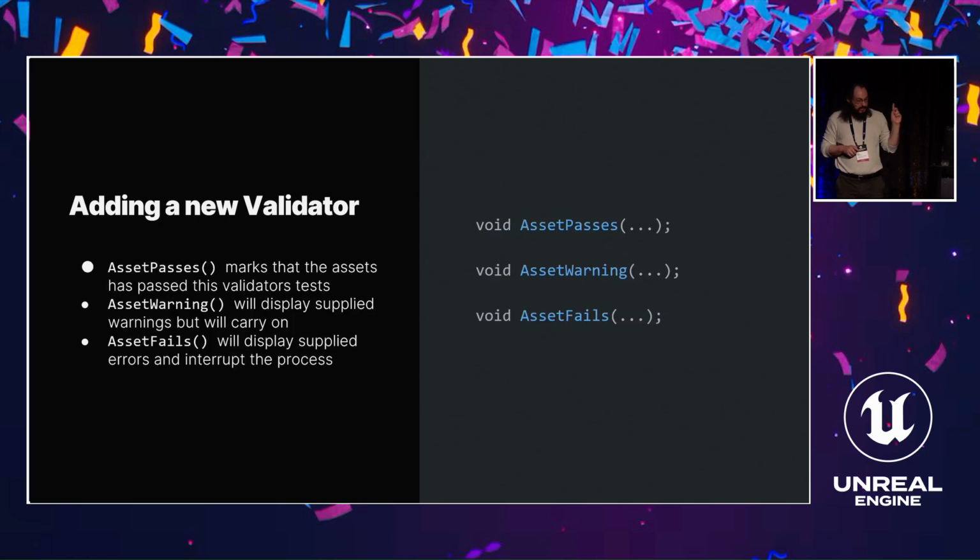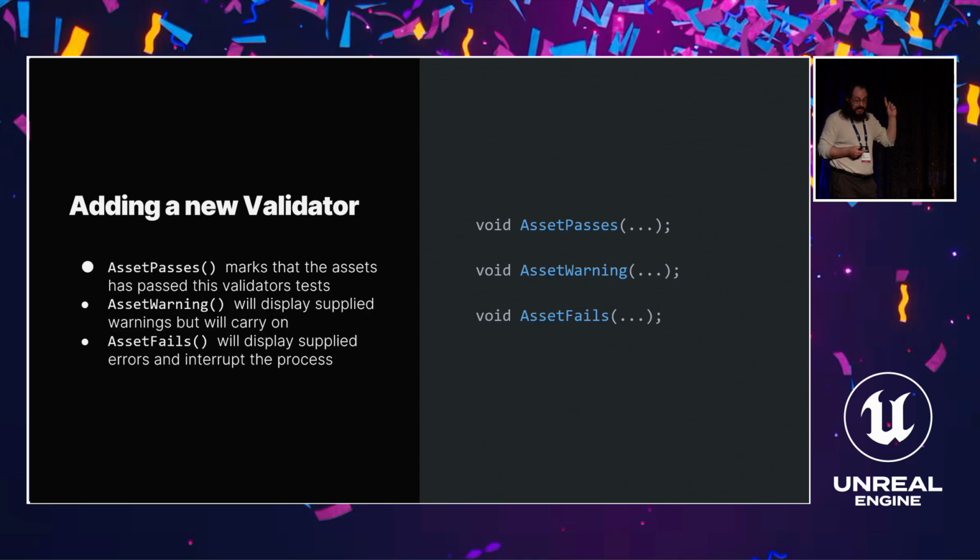And then in your validate loaded asset function, there's a couple of functions that you need to call during that to mark the asset. There's asset passes, which says this is valid, all checks have passed.